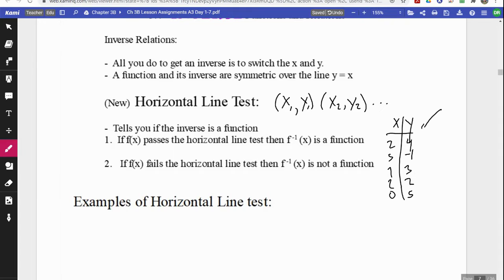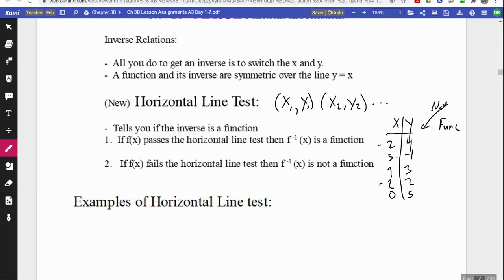This would not be a function because for any unique x value, it has to map to exactly one y value, or their pair has to be unique. So 2 and 4 is a pair, 5, -1, 7, and 3, and then 2 and 2 is a pair, meaning that I have 2 entries of x going to 2 different y values. So this is not a function.